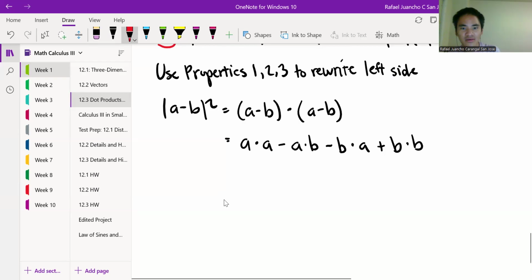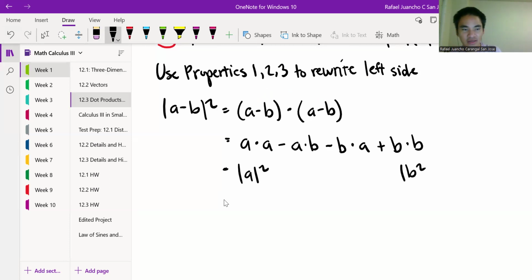So we did the FOIL method: A times A, and then A times negative B, so minus A times B, and then we have the inner, so minus B times A, and then minus B times minus B, which is just positive in this case. So we just expanded it a bit more. And then this is basically using property 1, right?